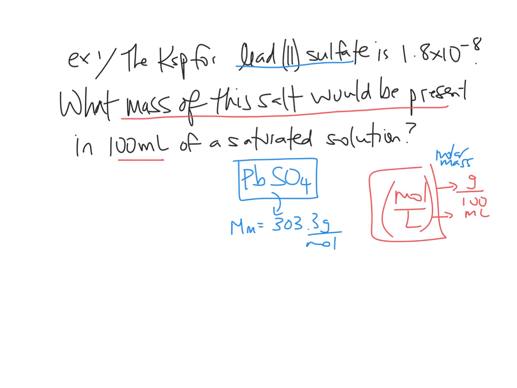All right, so what do we know about this thing? Well, if we're using the Ksp value, and again, you either have to be given these in the question, or you have to use the table of values that you have to find these Ksps. If you're given that, it tells you right away that we're dealing with a system in equilibrium.